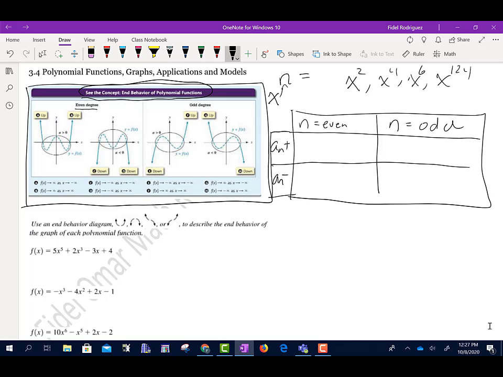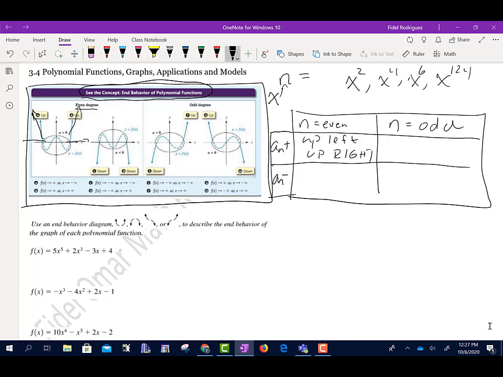So we have our even degree right here. When the coefficient is positive, the graph is going to be up to the left and up to the right. What we mean by that is as we go further to the right, the graph is going up. As we go further to the left, the graph is going up.